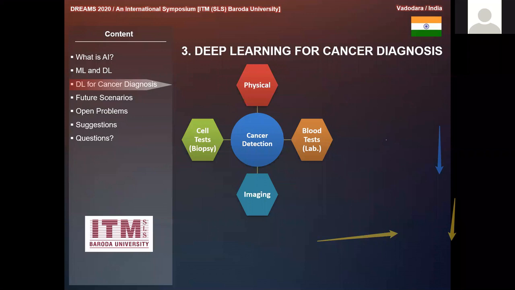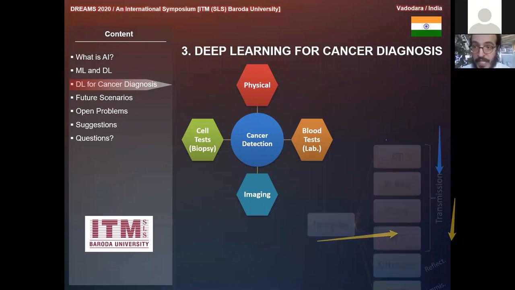You can make some physical control tests to detect if there are nodules or other things showing the existence of cancer. And you can also run imaging technologies to see inside the organs and understand if they have cancer or not.